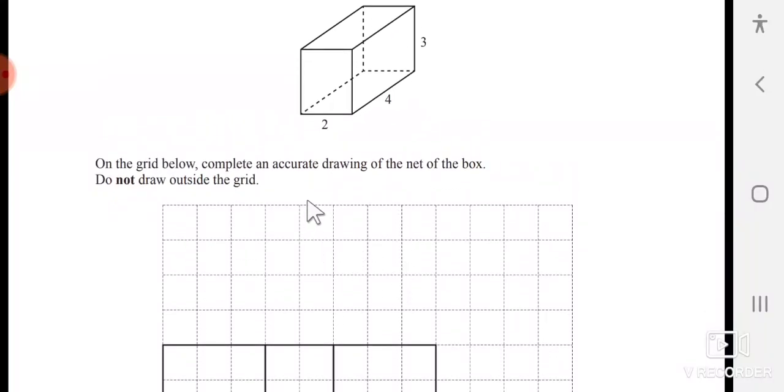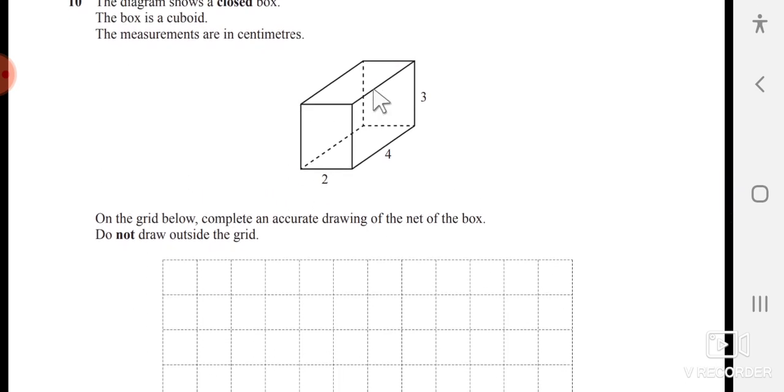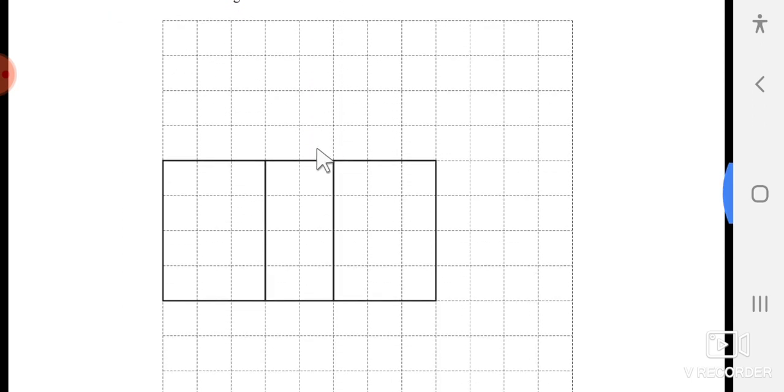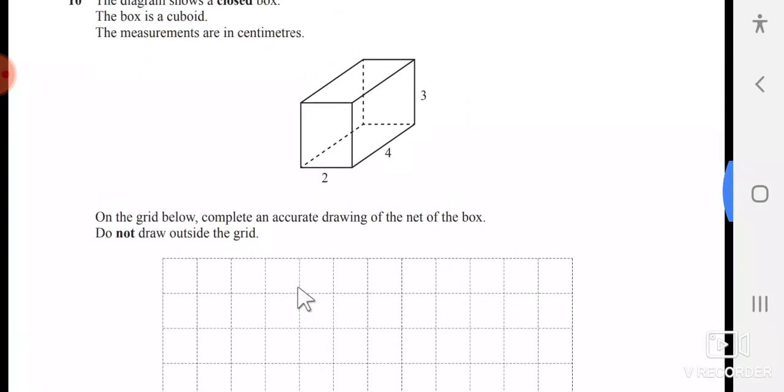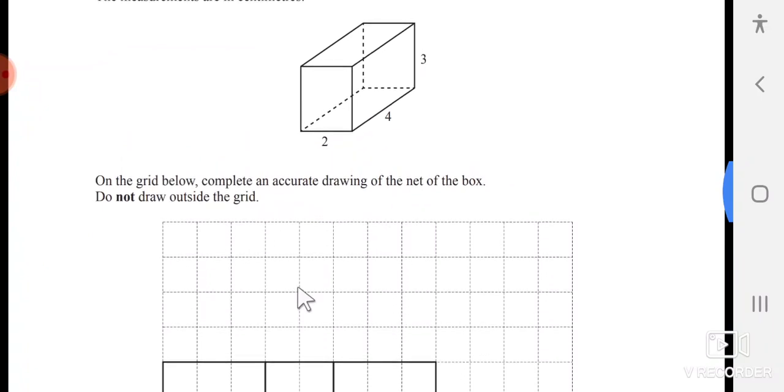First of all we will calculate the area of this figure. This and this, and then the opposite side of the same side, this and this could be mentioned here, this way, and then this way. And then the top, as this is a closed box, so the top would be 2 and 4.